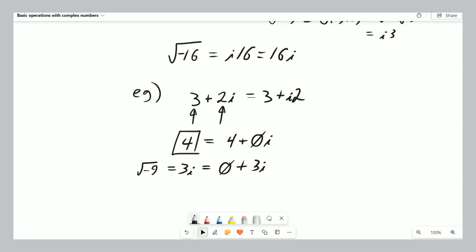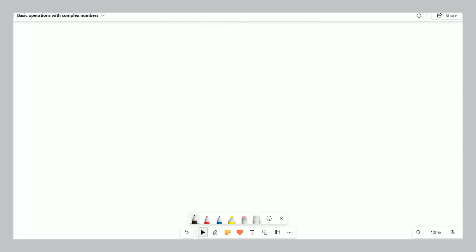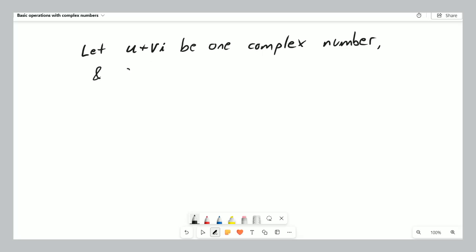So, how do we add and subtract these? Well, let u plus vi be one complex number, and a plus bi be another.